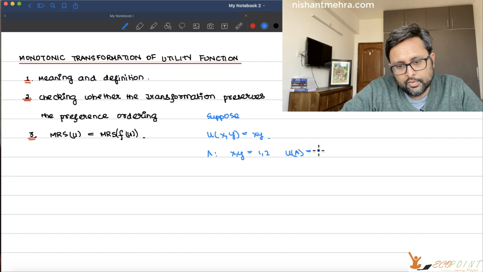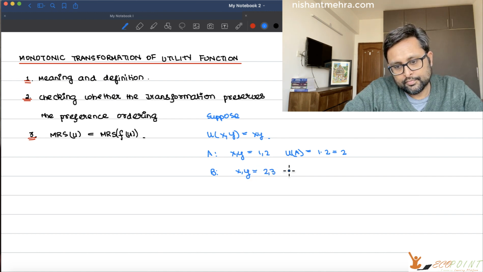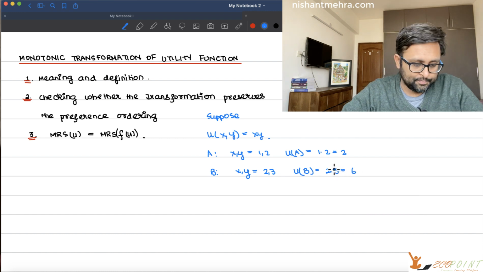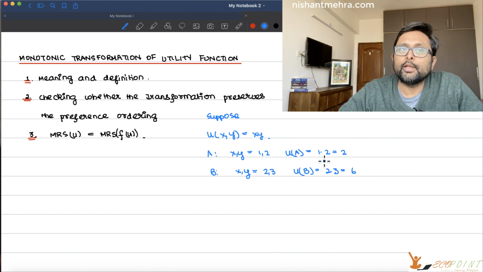So the utility from bundle A is 1 into 2, which is equal to 2. There is bundle B, in which x and y is 2, 3. And the utility which you get from bundle B is 6, right? So you know this, that consumer is going to prefer bundle B to bundle A because the utility which it derives from bundle B is more than the utility which it derives from bundle A.